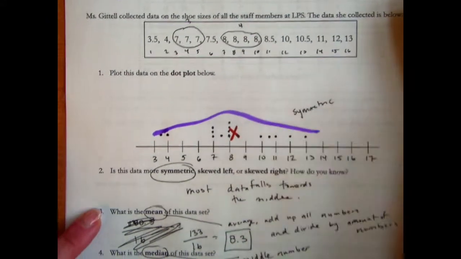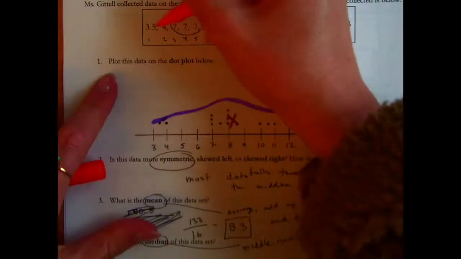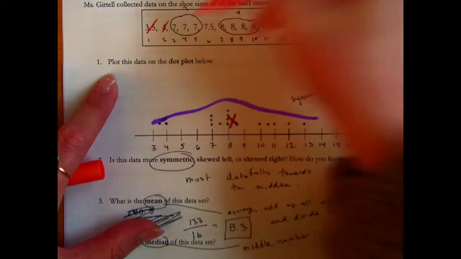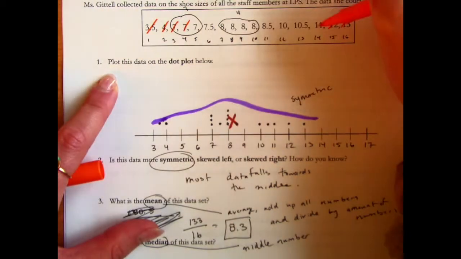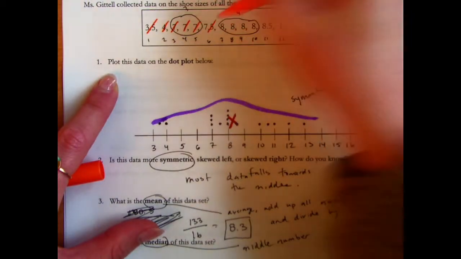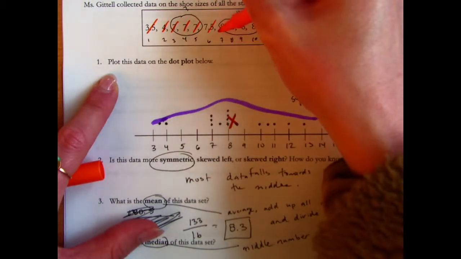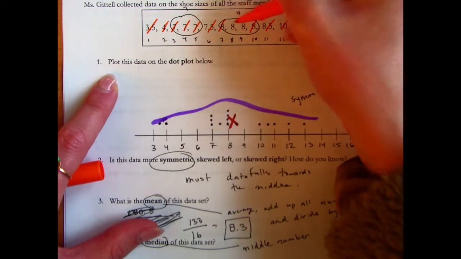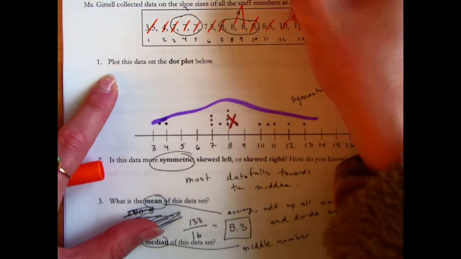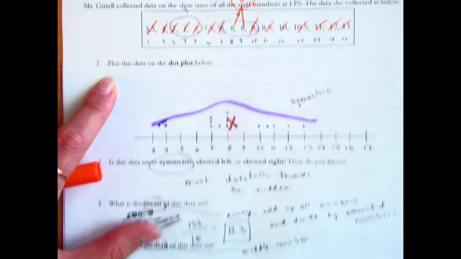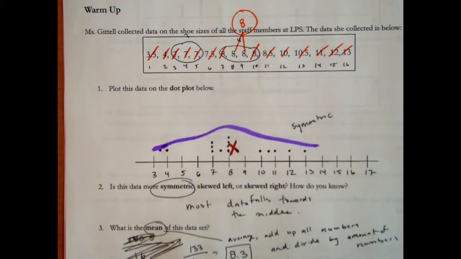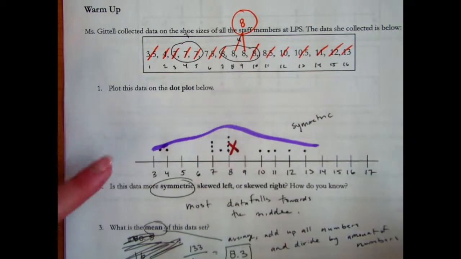Okay, and my median is halfway between 8 and 8, which is going to be 8. So my middle number, my median, is 8. So the median foot size of a teacher at LPS is also 8, close to the mean.